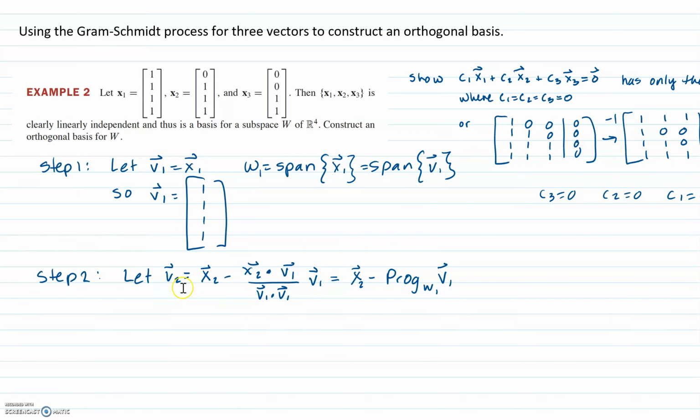Now v2. v2 we know is x2 minus the projection of x2 onto the subspace W1.